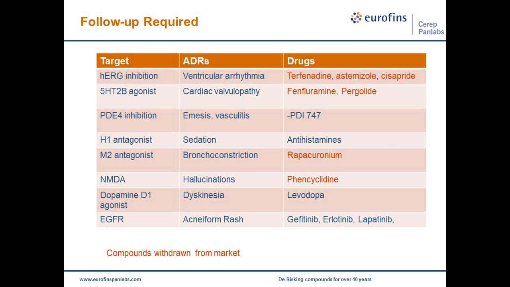The next line down is the 5-HT2B serotonergic receptor, where agonists have been shown to be related to cardiac valvulopathies, and fenfluramine and pergolide have had to be removed from the market. But the main point of this slide is that these targets can be linked to very serious side effects, and that there is follow-up work that has to be done. There are in vitro and in vivo models that have to be followed up once you've decided you have a hit on any of these targets.